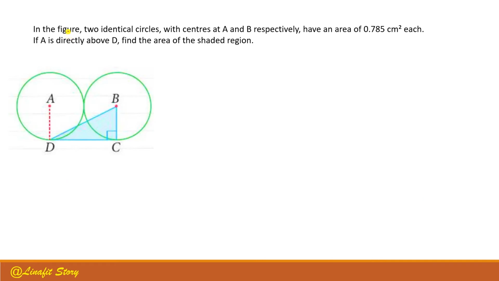In the figure, two identical circles with centers at A and B respectively have an area of 0.785 square cm each. If A is directly above D, find the area of the shaded region. So the area of the circle is equal to pi times radius squared.